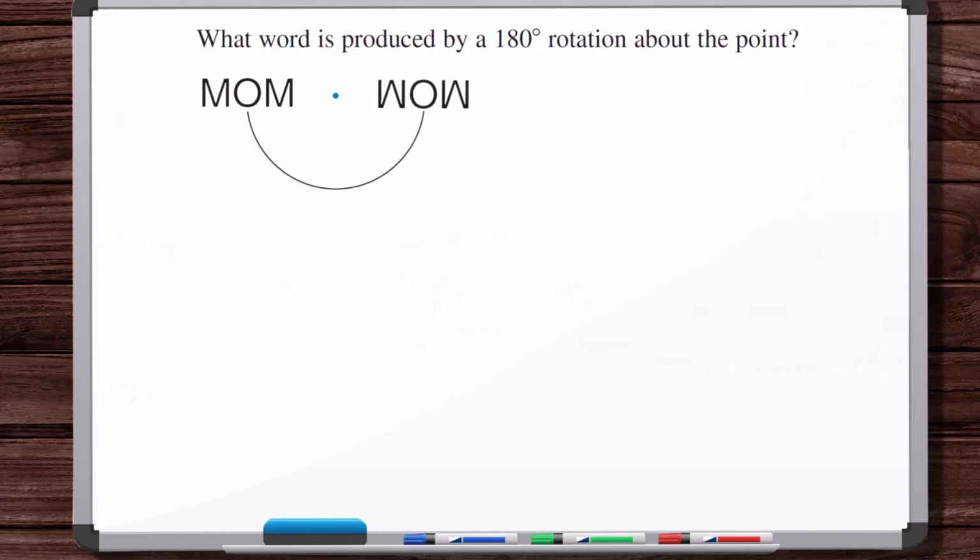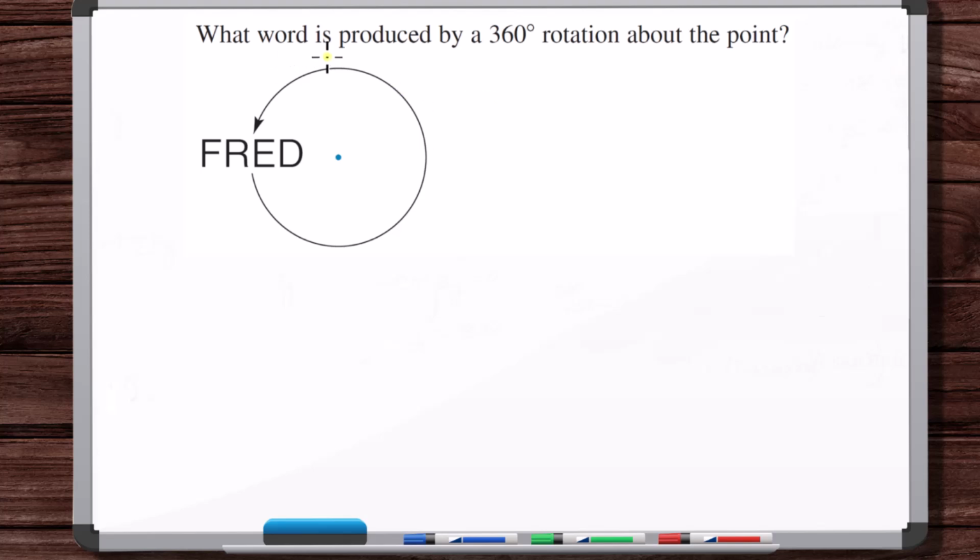Same idea, corresponding points. The line segments are going to have the same angle between the segments that connect those points to the point of rotation. What word is produced by a 360-degree rotation about this point? Well, we're going to get the same word back. If we rotate this, everything would stay in line with the center point.